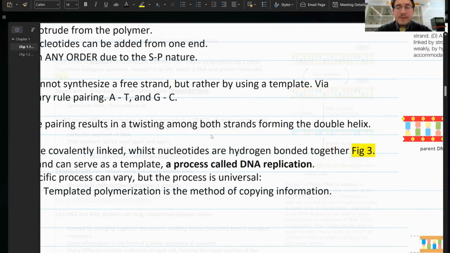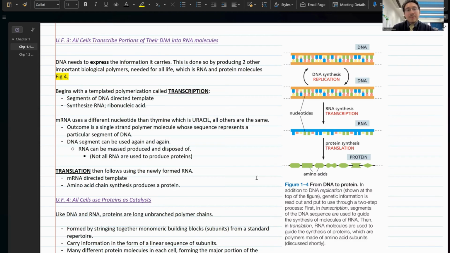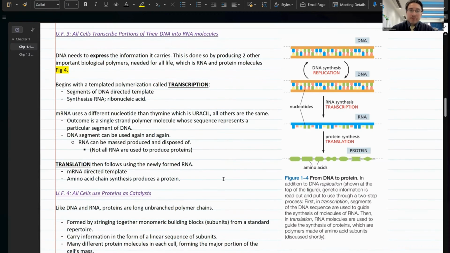Now we're going to look at universal feature number 3. All cells transcribe portions of their DNA into RNA molecules. So DNA, of course, we've gotten a sense of how it can multiply and replicate itself. But with that information that it carries, how does it get expressed?